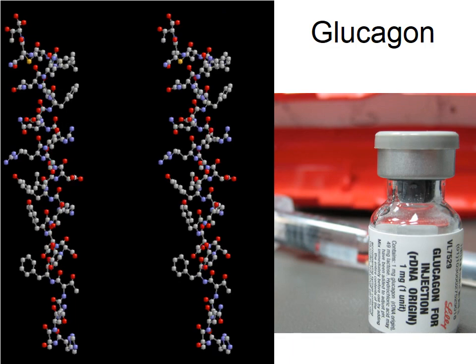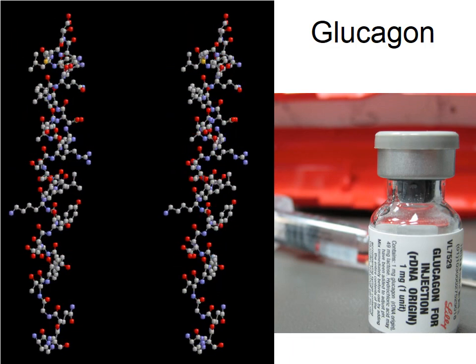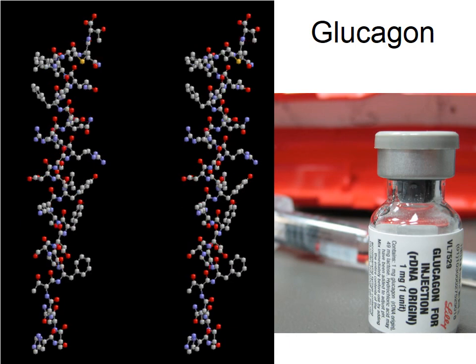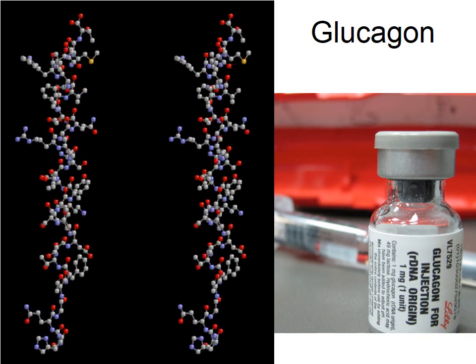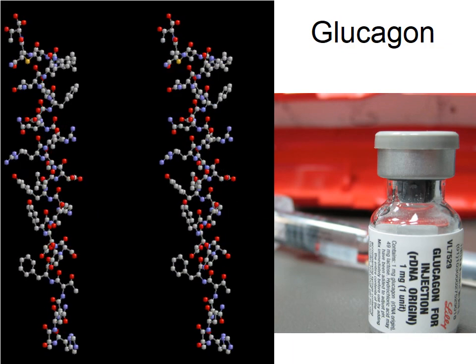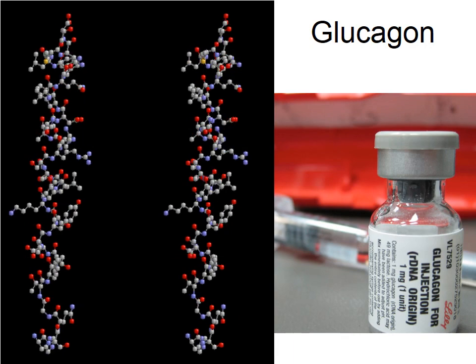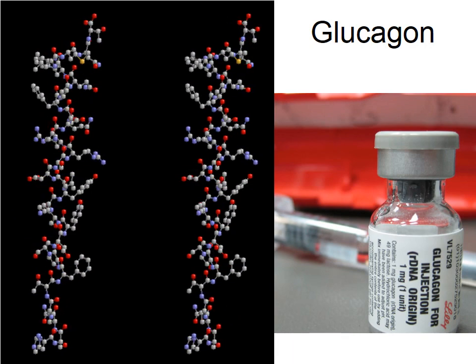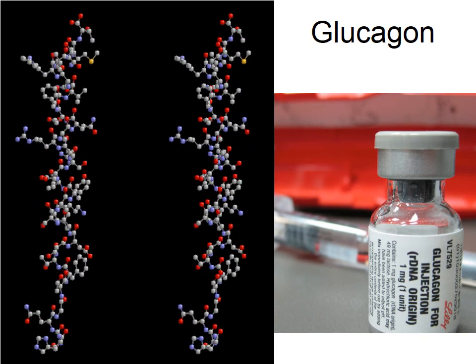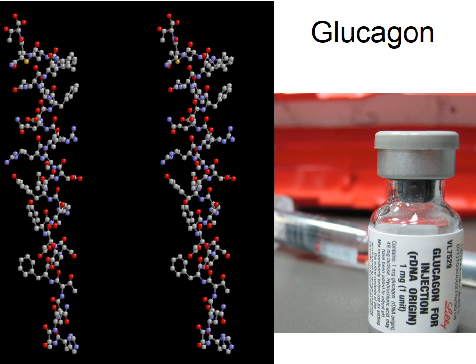And we can give, perhaps 1 milligram would be an adult dose of glucagon. We can inject that intramuscularly, and that will reverse the hypoglycemia enough for the patient to wake up, we will hope. And then once the patient's awake, of course, we will give them some carbohydrate-based food and sugar-based food to eat to bring their blood sugar levels up further back to normal levels.